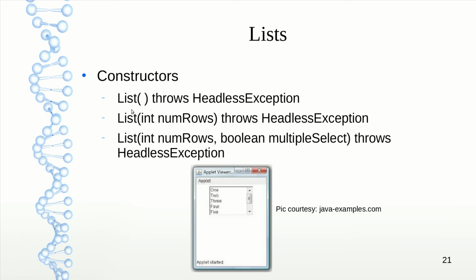The default constructor is List with no parameter. Then we have another constructor, List with the parameter number of rows. Again, we have another constructor where we pass the number of rows as well as the possibility of multiple select.